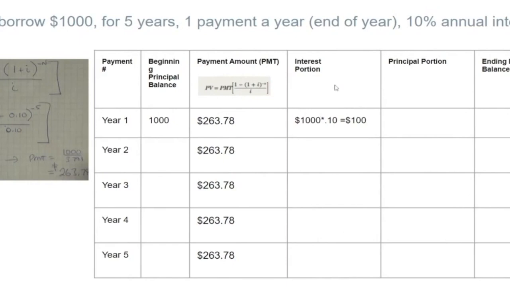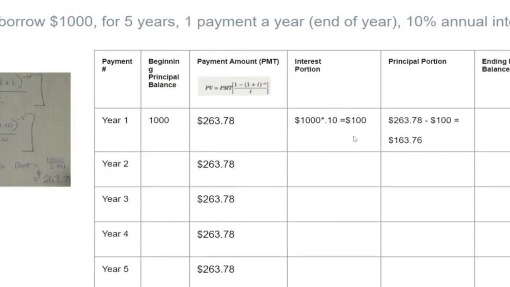The interest portion, as I said to you, is the beginning principal amount multiplied by the relevant periodic interest rate. In this case it's a once a year payment, so 10% once a year is 0.10. So $1,000 times 0.10 is $100. Okay? So can we figure out the principal portion?